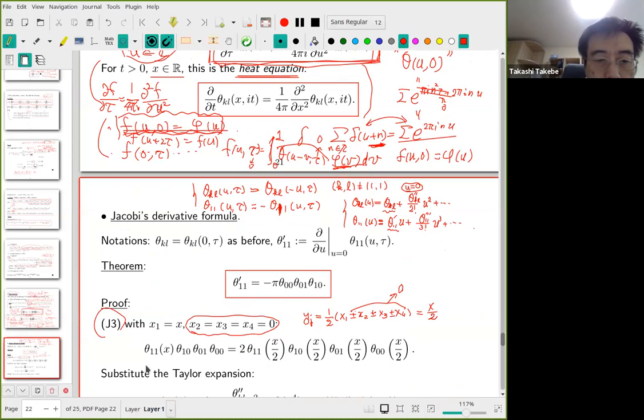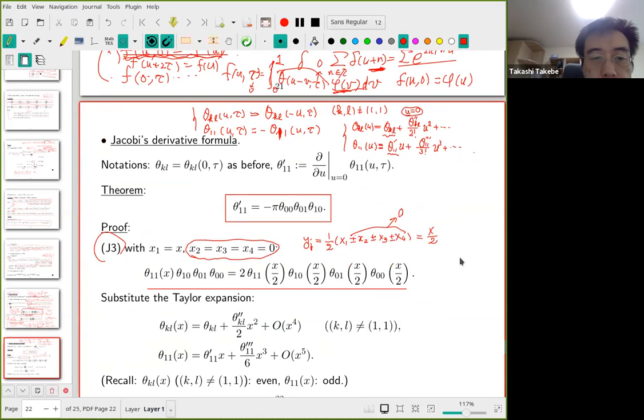So we get such an equation. Well, yeah, it's still far from this equation, but let's put this Taylor expansion to both hand sides.